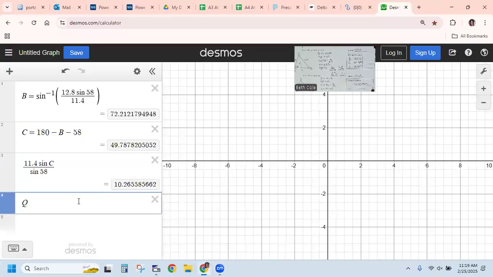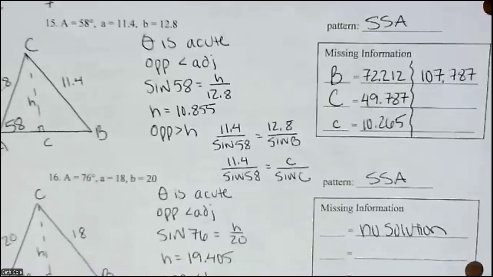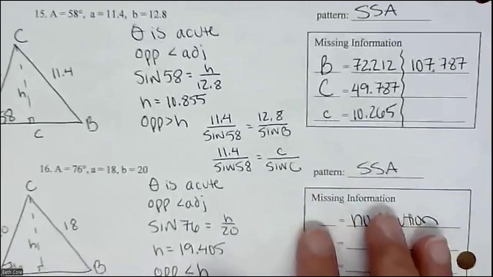All right, so Q is going to be 180 minus B. That is the new version of B, 107.787. Well, I put Q equals in the calculator because I want it to store it so that I can reuse it, but don't put Q on your paper.